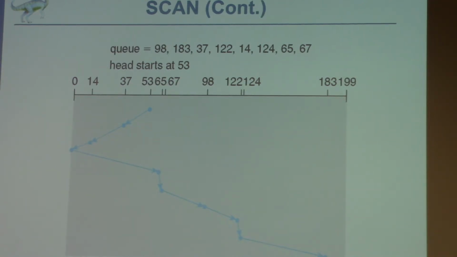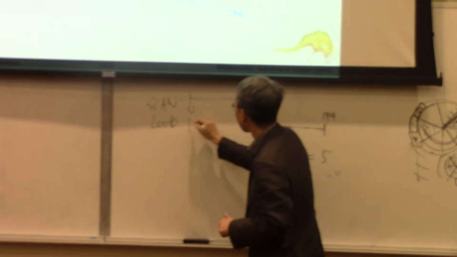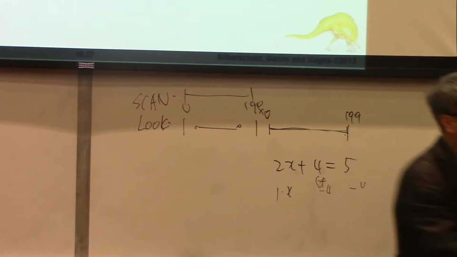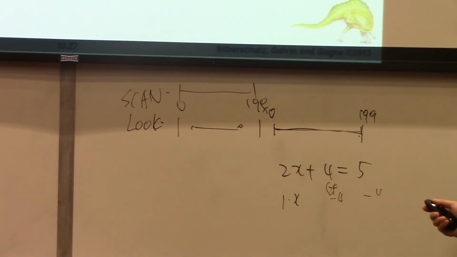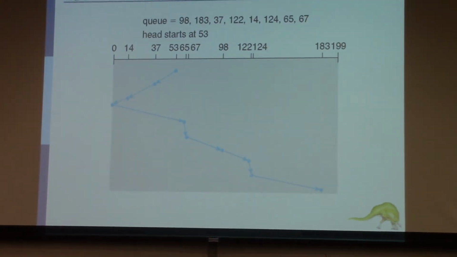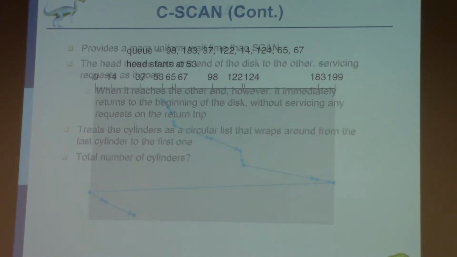Scan actually goes from 0 to 199. However, LOOK goes from the lowest requested cylinder number to the maximum requested cylinder number. In this case, 53 to 14, then 183.